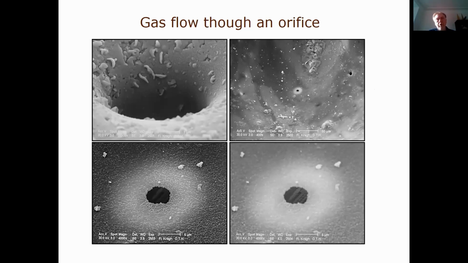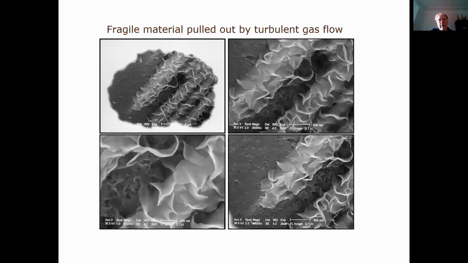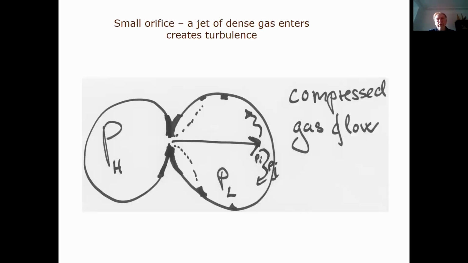we shift the focus down into the underlying vesicle, and we observe these very fragile looking materials. To account for them, we need to invoke a very fast gas flow from one vesicle to the other, which induces turbulence at the surface.